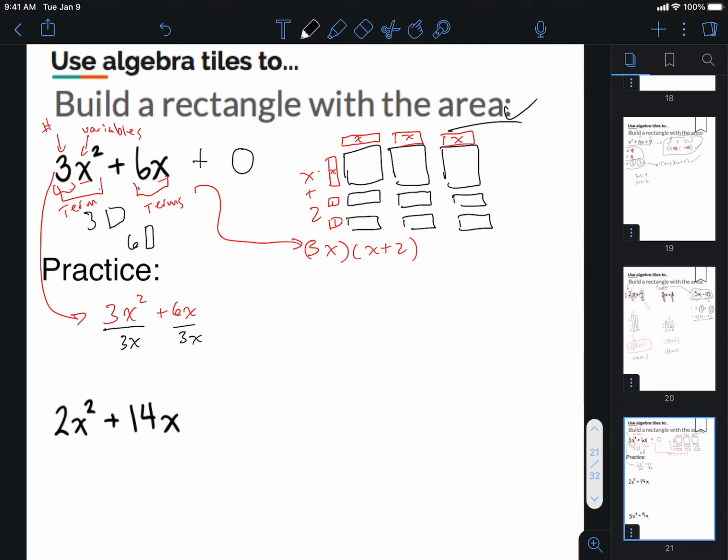Okay? I know I can do that because look, I can see the X's are going to cancel, and the X here is going to cancel one of the X's in the top, right? Because remember what I said earlier as well, you can rewrite X squared as being X times X. So if I did that in the top, it would look like this. 3X times X over 3X plus 6X over 3X.